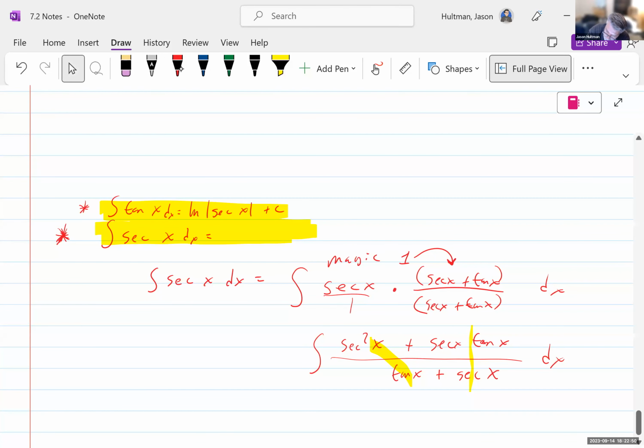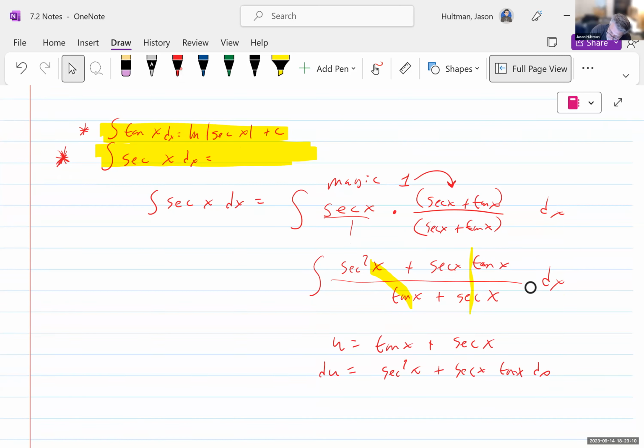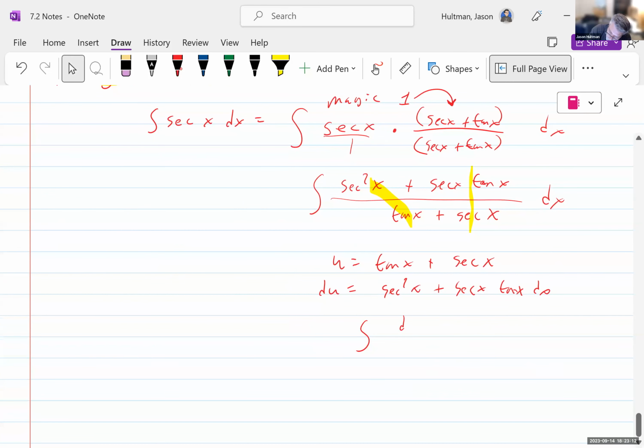If I let u equal tangent x plus secant x, then du is equal to secant squared x plus secant x tangent x dx. So this just becomes the integral of du over u, which is what?